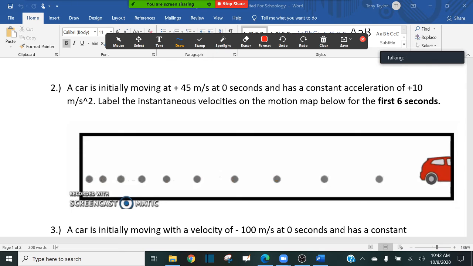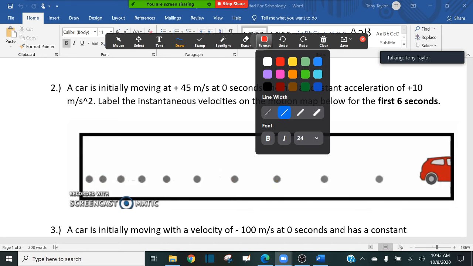Okay. So number 2 says a car is initially moving at 45 meters per second at 0 seconds and has a constant acceleration of 10 meters per second squared. Label the instantaneous velocities on the motion map below for the first 6 seconds. So in other words, we're figuring out how fast it is moving at each specific moment in time. So the initial velocity of the car, we're told, is 45 meters per second. So that's how fast it's moving at time 0.